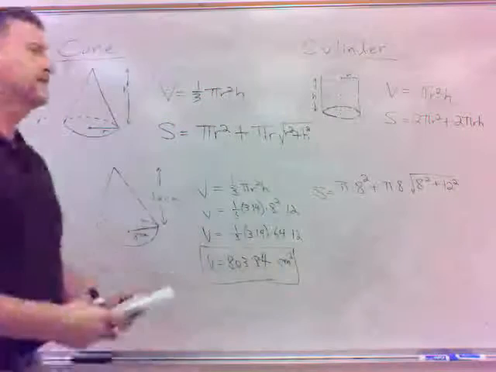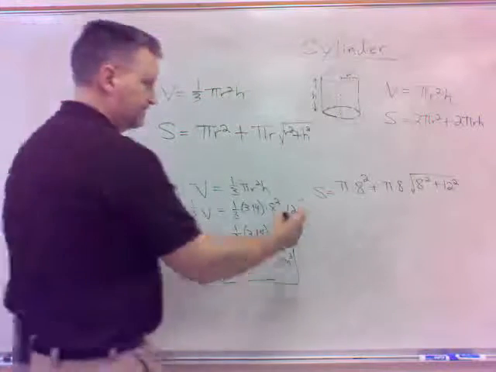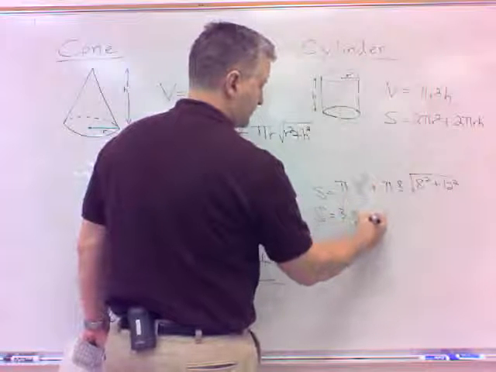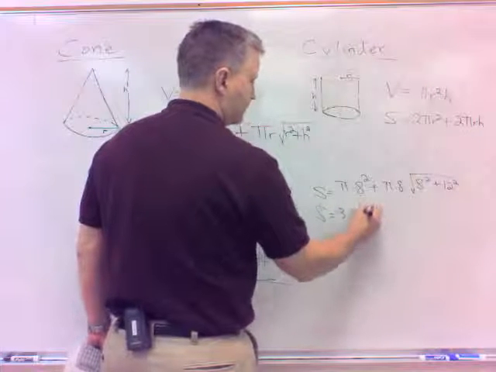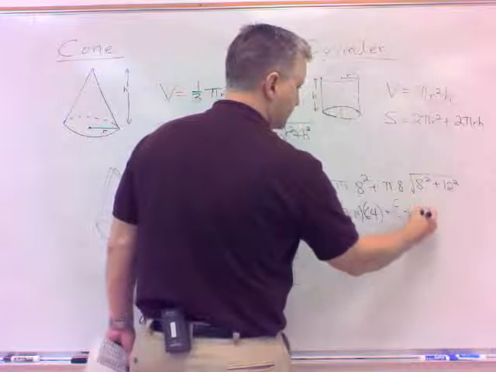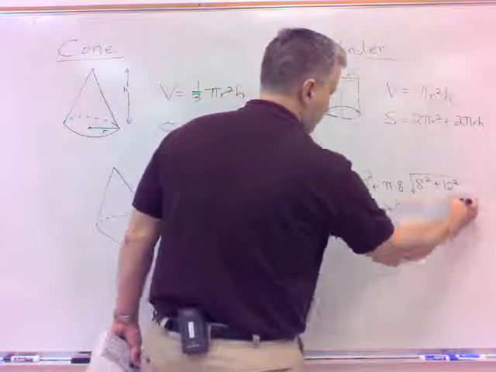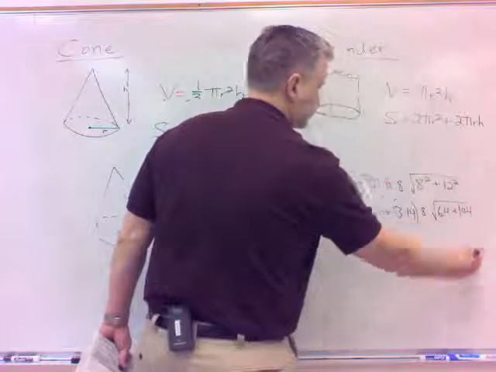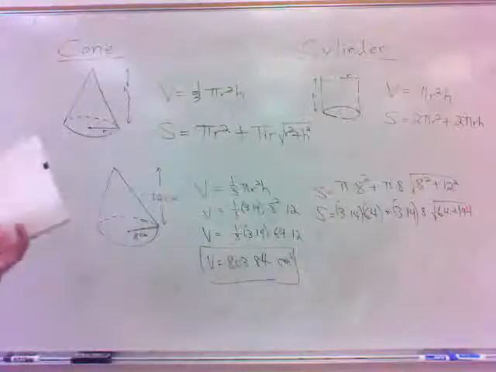So that would be 3.14 times 64, plus 3.14 times 8 times the square root of 64 plus 144. 64 is 8 squared, 144 is 12 squared.